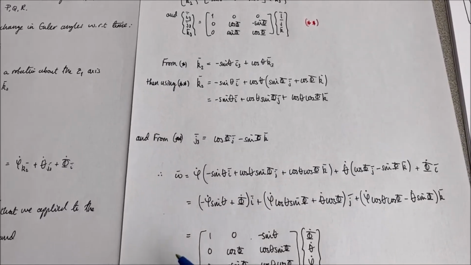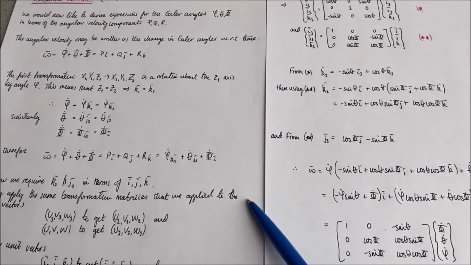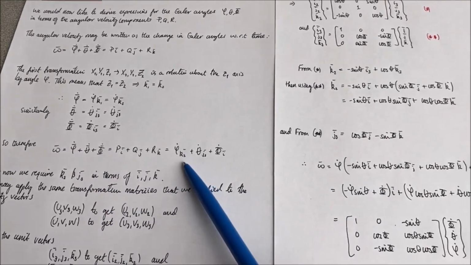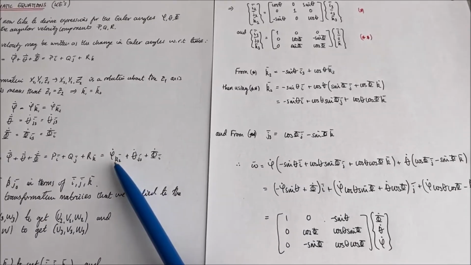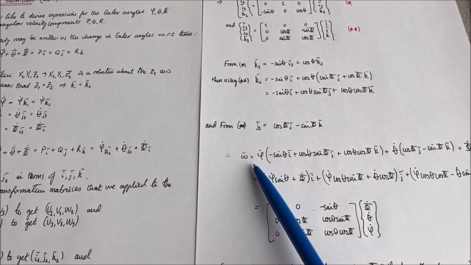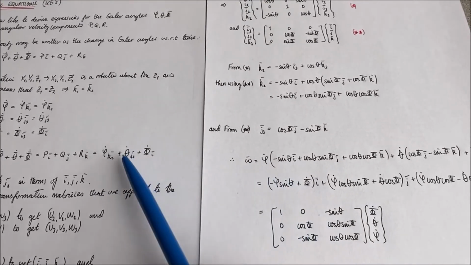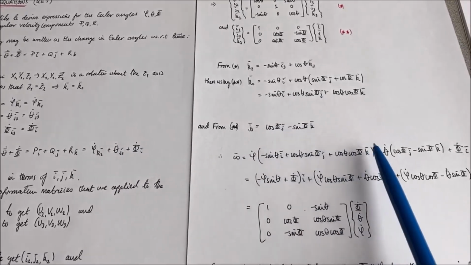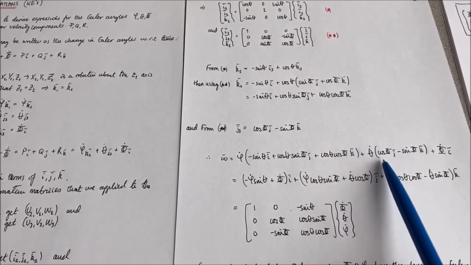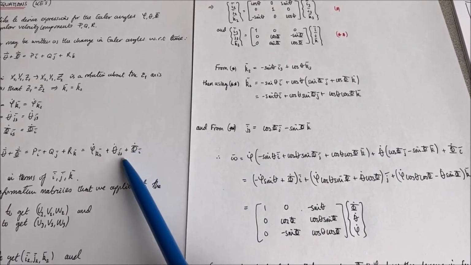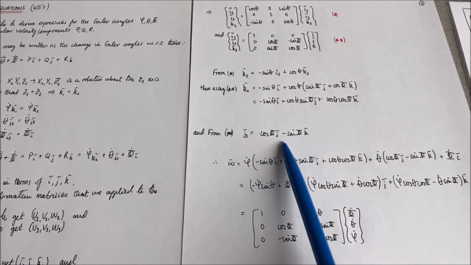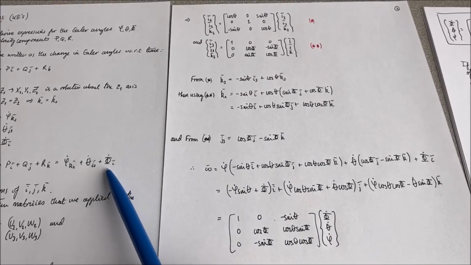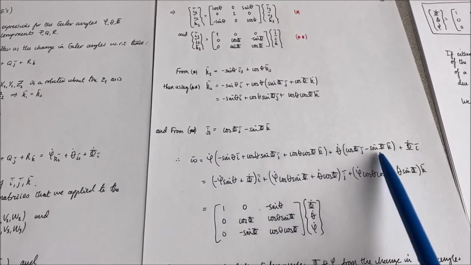So we put all of that together back into our angular velocity vector, this one. So we have the change in psi multiplied by K2 bar, which we just worked out as this, theta dot multiplied by the K3 bar, which we've just worked out as this using those matrix transformations, and then we just have this phi dot I bar on the end here.